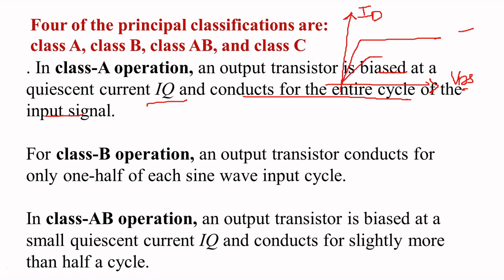This is your output response you will be getting after your DC biasing, right? So here when you draw the load line, this will be your VDS, this is the ohmic region and this is your saturation region. This is the region at which your transistor is moving from the ohmic region to the saturation region.